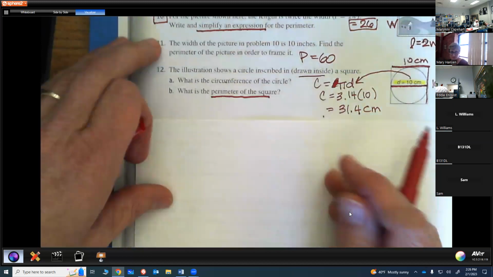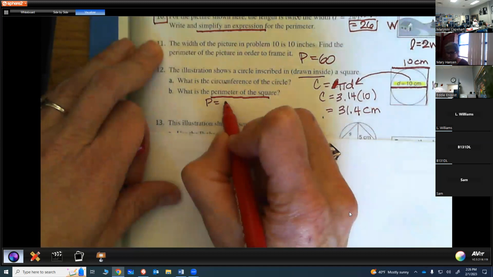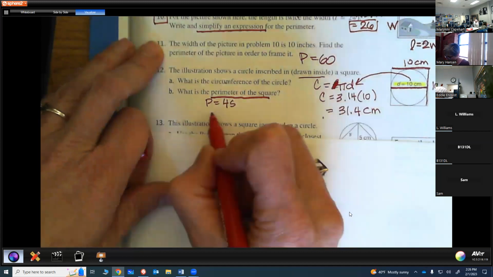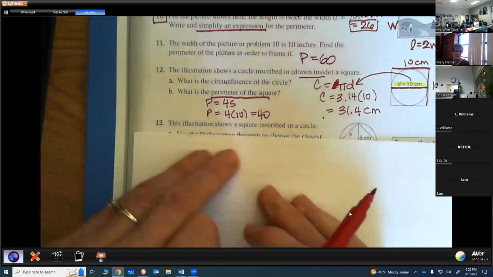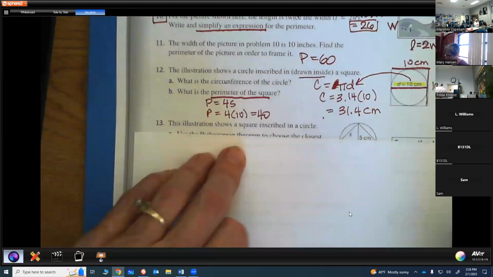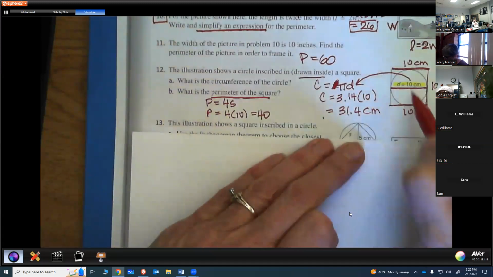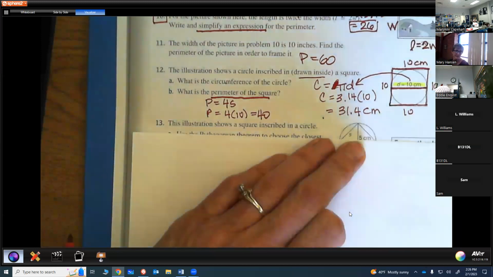And so again, for my algebraic people, the perimeter is 4 times the side length. And so the perimeter is 4 times 10, or 40. Or for my visual geometry people, all 4 sides are 10, and 10 plus 10 plus 10 plus 10 is 40.